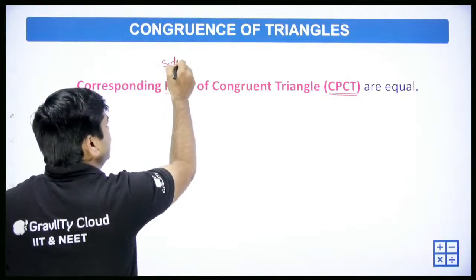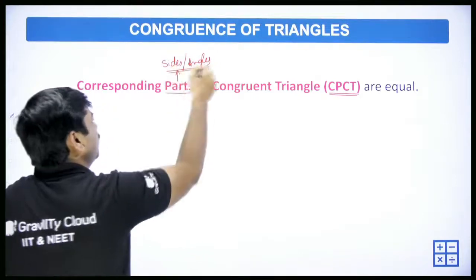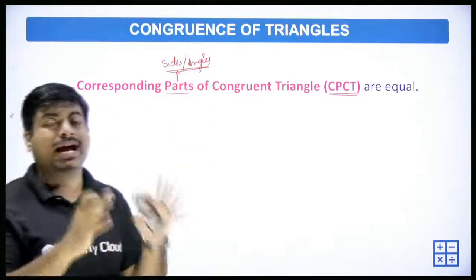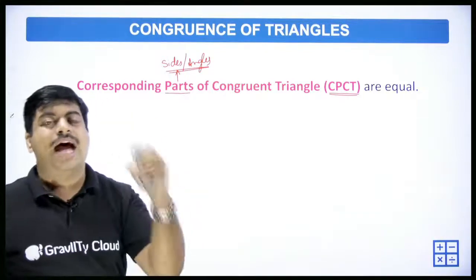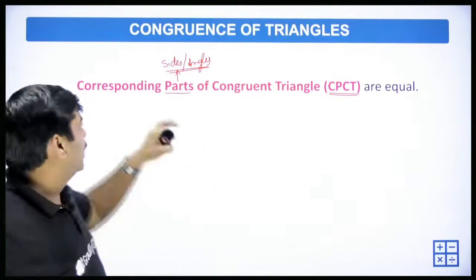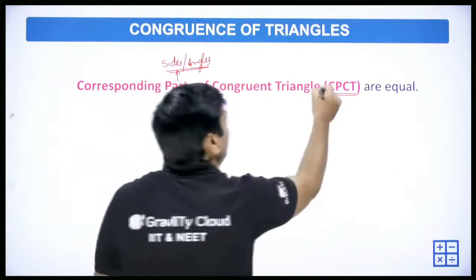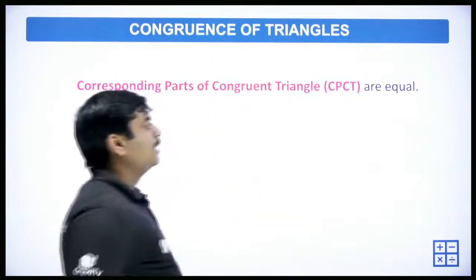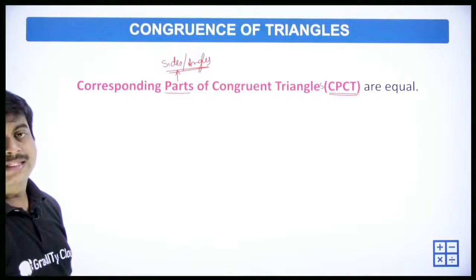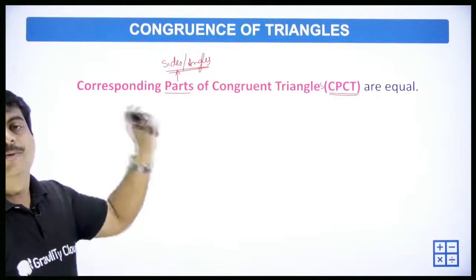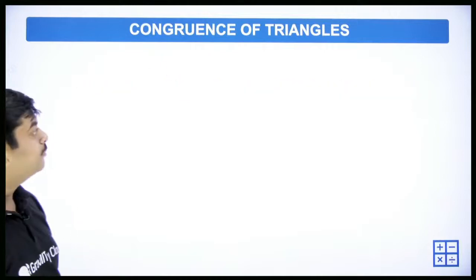It can have sides, it can have angles, right? Or any other thing we discuss for triangles. If two triangles are congruent, their parts, that means the sides as well as angles, will also be equal. So corresponding parts of congruent triangles are equal. We say it is CPCT. Let's discuss one or two applications based on this CPCT.